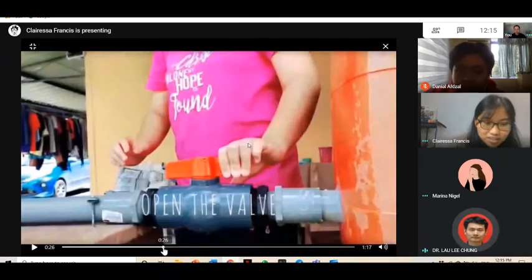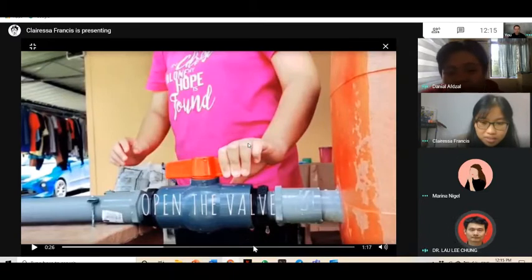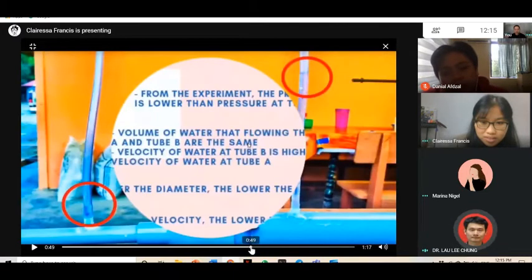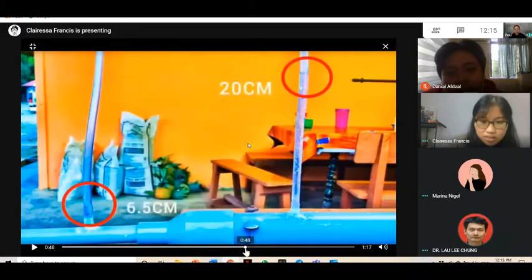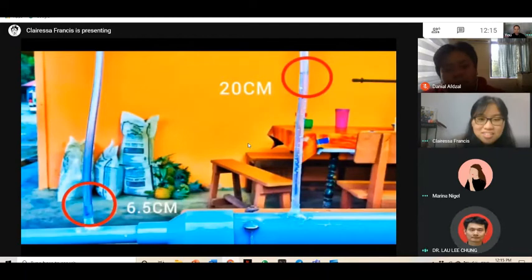Now it's 41. Drag to 50 seconds. Go back. 49, 50. Okay, now this one, okay, this one is okay because it highlights the height already.